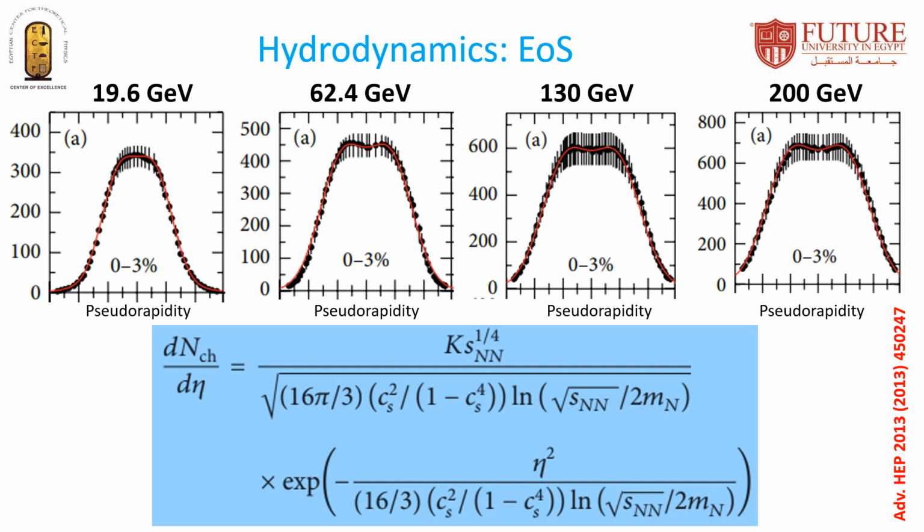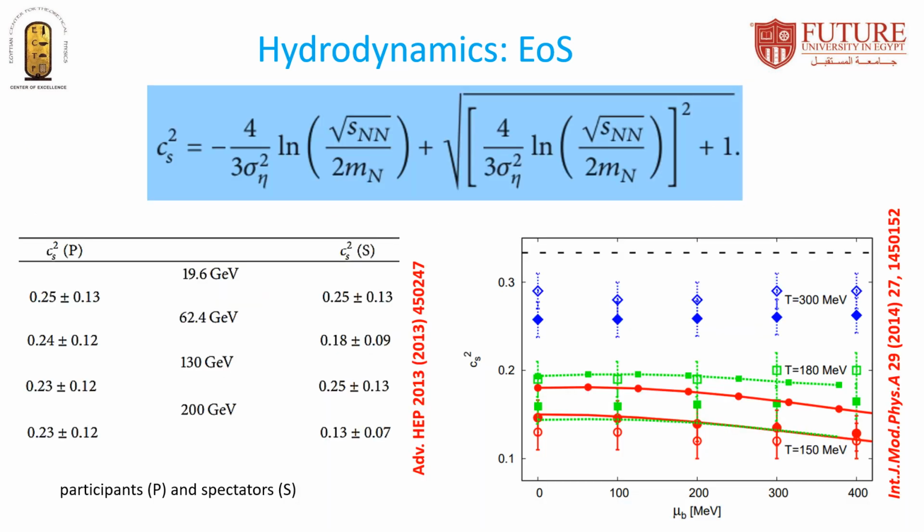What we get from this fitting function is the speed of sound in this system. Showing you the result of this paper here, you can see it starts from 0.25 and decreases to 0.1113 at high density.